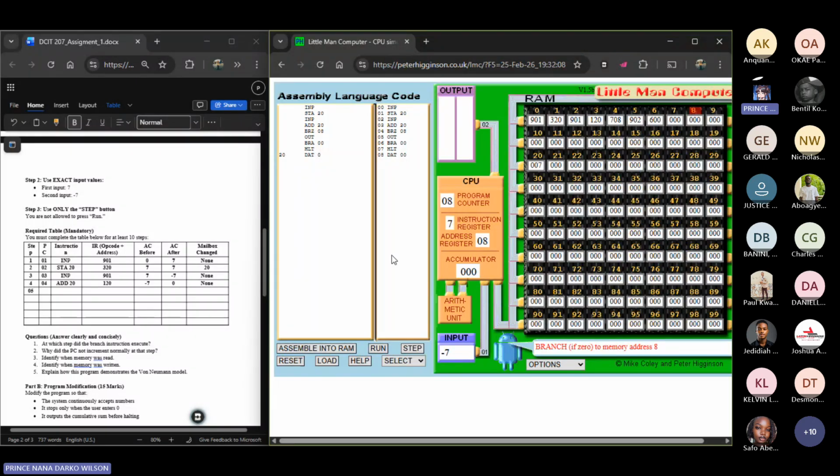At step 5, the program counter has now updated to 8. The add instruction has now been executed in the previous step, but the instruction at this point was BRZ08, as you can see here. The instruction here was branch if 0 to address 8. So then we write that.